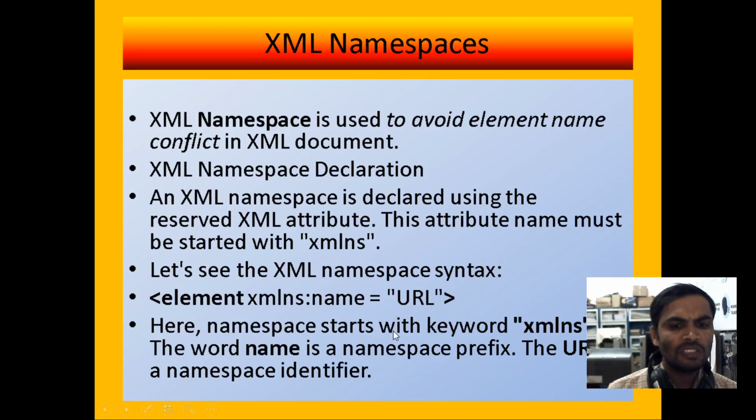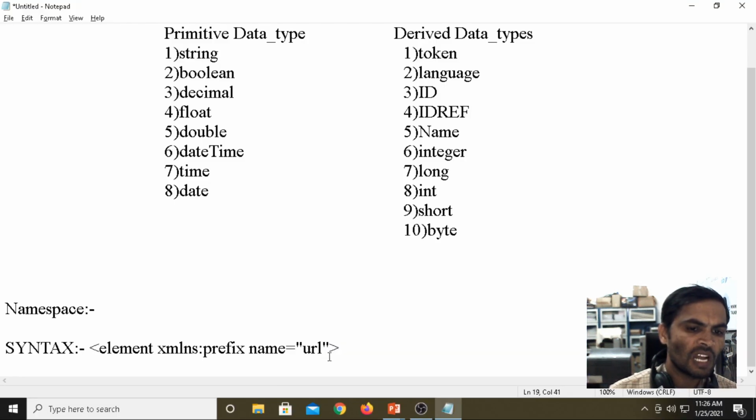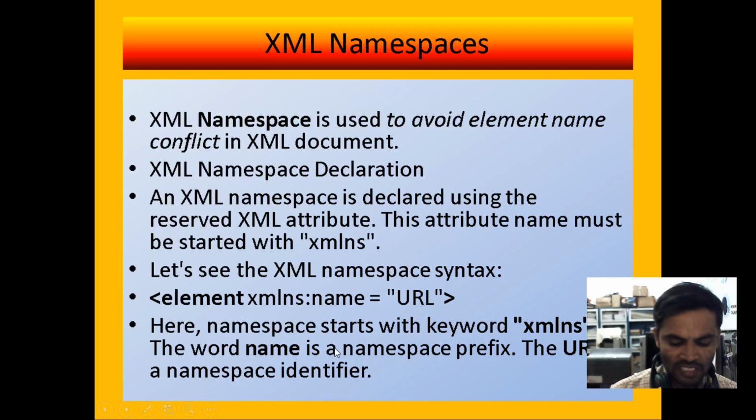Here the namespace starts with the keyword xmlns. The prefix is the namespace prefix, and the URL is the namespace identifier.